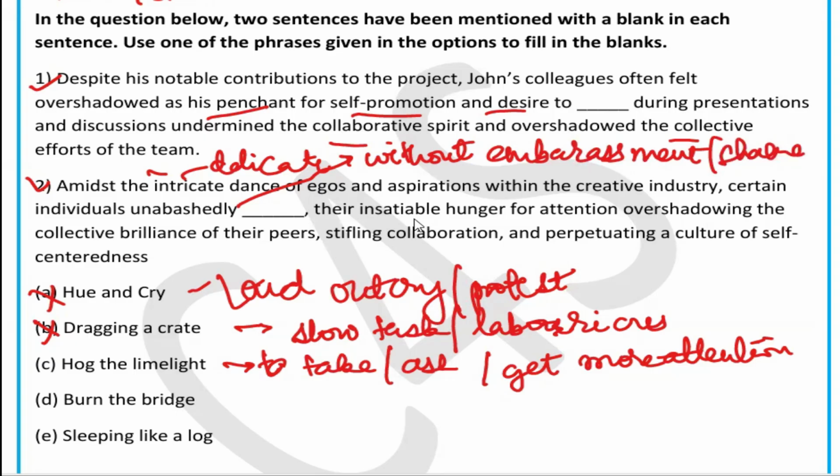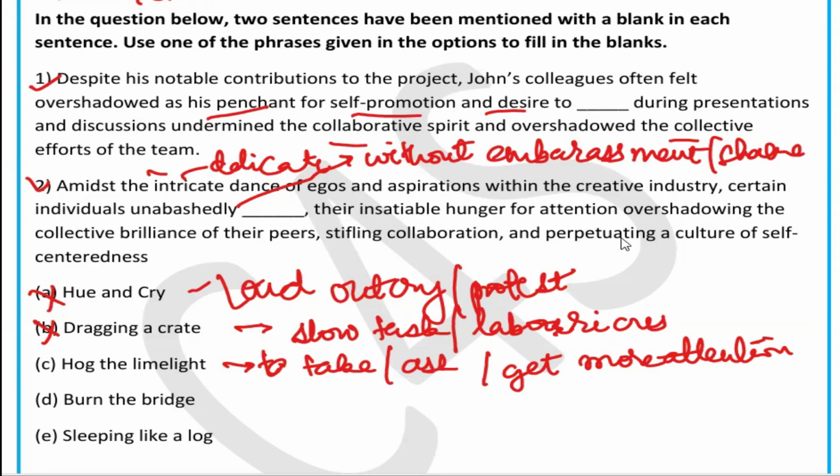Insatiable means having a very large hunger for attention, overshadowing the collective brilliance of their peers, stifling collaboration. Stifling collaboration is related to preventing or hindering something related to teamwork. Someone's effective teamwork or sharing of ideas is being prevented by someone else.